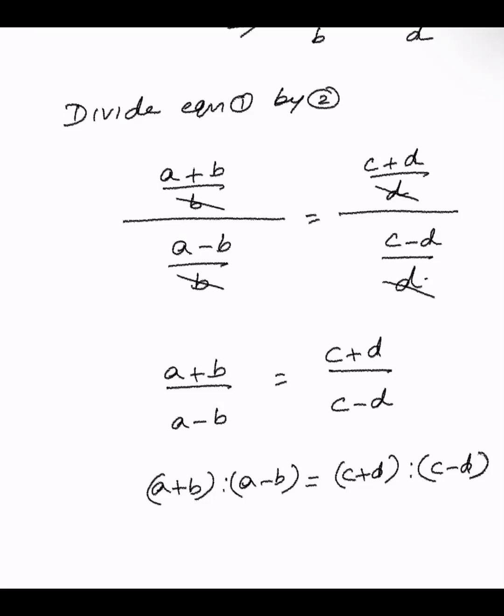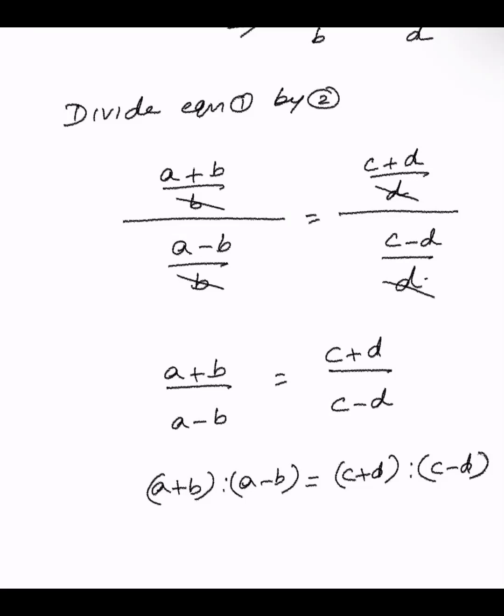Okay. So we have 5 properties. First one was invertendo. In invertendo, it becomes B is to A equal to D is to C, that's all.